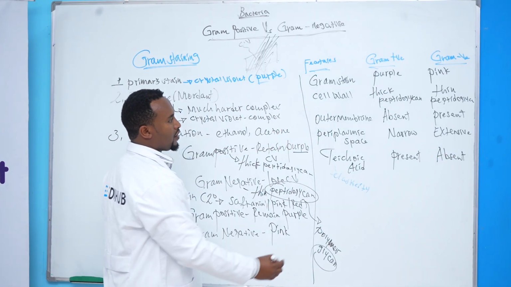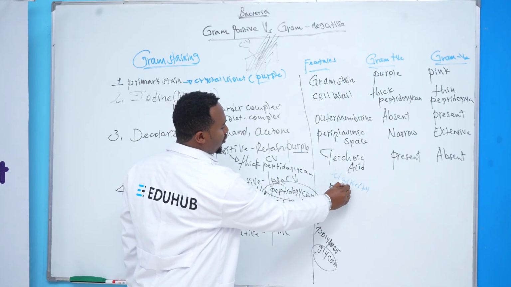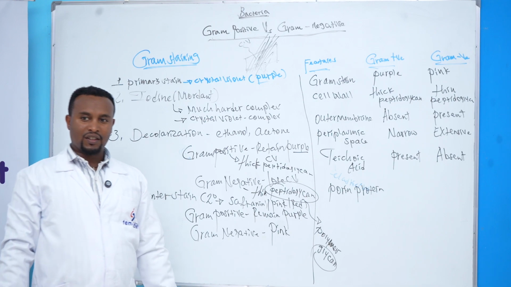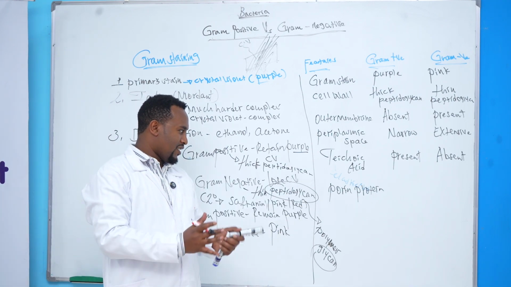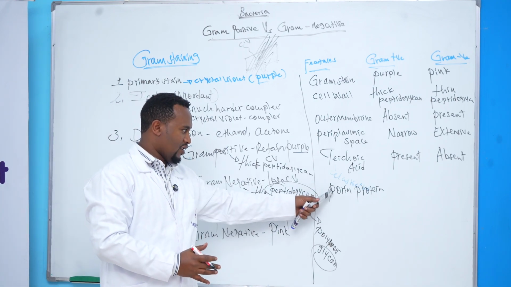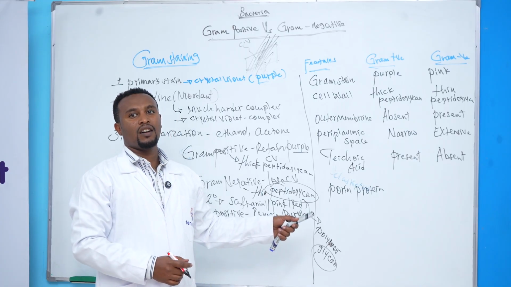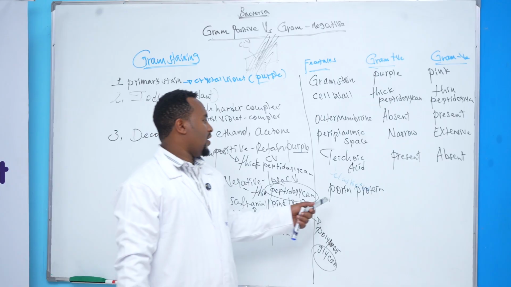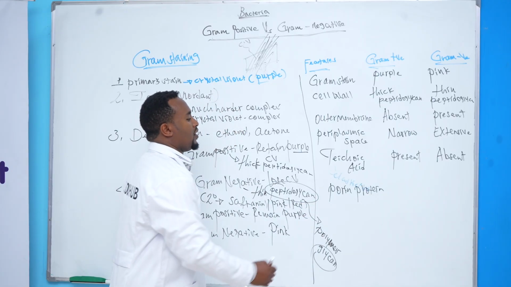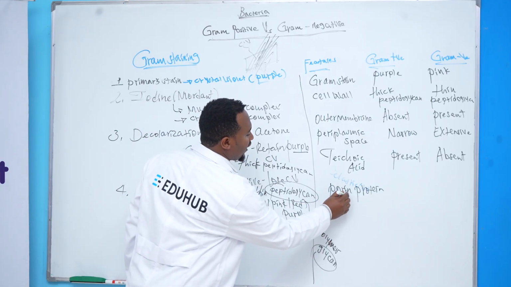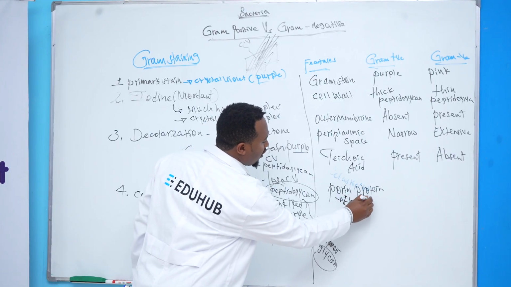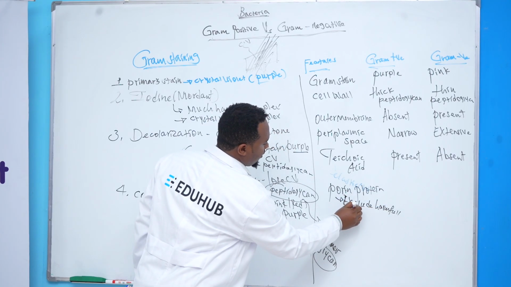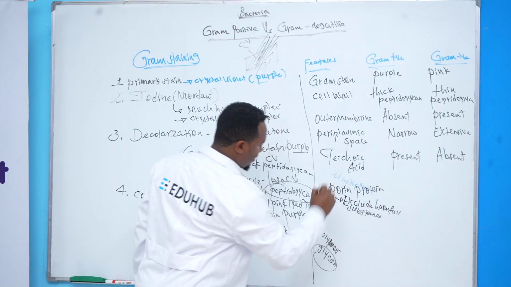And the other is the porin proteins. You know, the porin protein is a structure that consists of the water holding structure. Porin protein allows the passive diffusion. And in addition, the porin protein helps to exclude harmful substances.